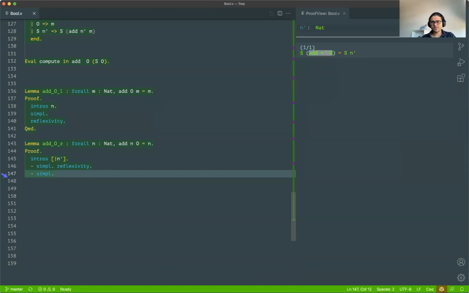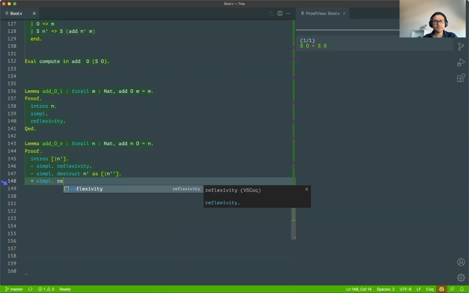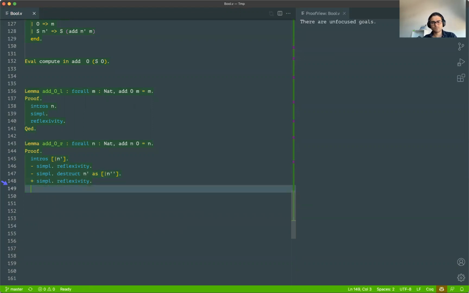Now, what I can do is destruct again n prime as, let's say, n double prime. And I can do simplification and reflexivity.